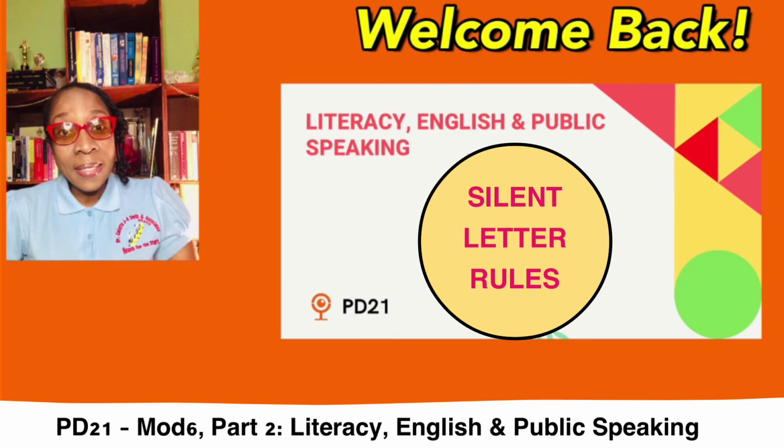Silent K words. The K is silent before the letter N at the beginning of words like knack, K-N-A-C-K, knee, K-N-E-E, knife, K-N-I-F-E, knowledge, K-N-O-W-L-E-D-G-E, and knob, K-N-O-B.